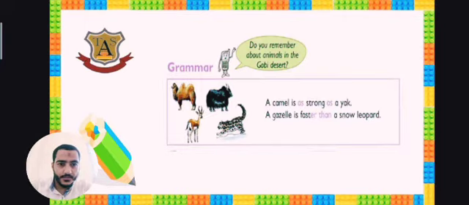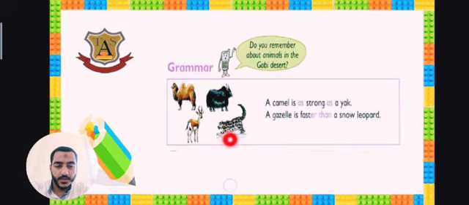The first one is camel, specifically Bactrian camel, and this is a yak, and this is a gazelle, and the last one is snow leopard.